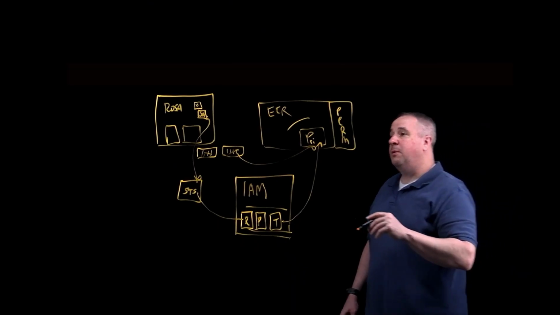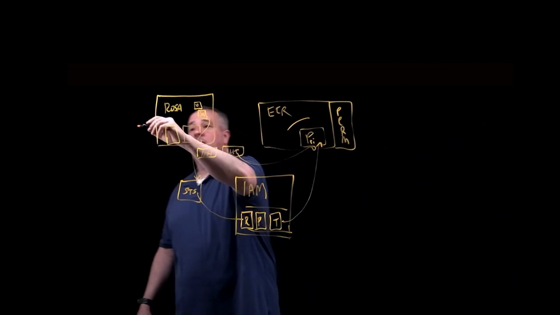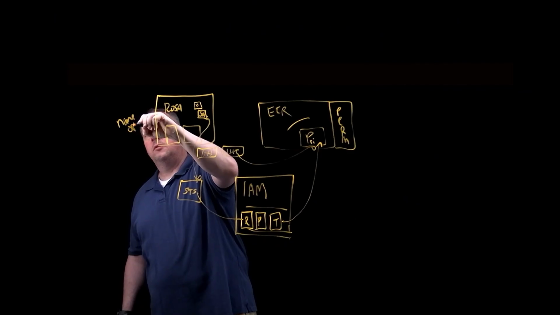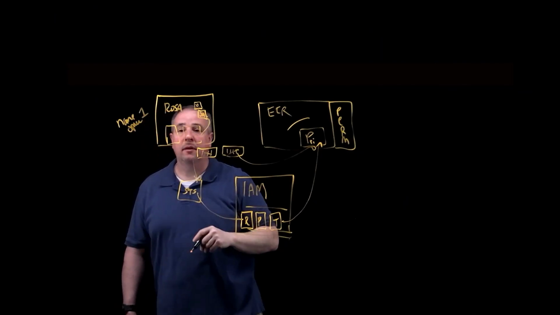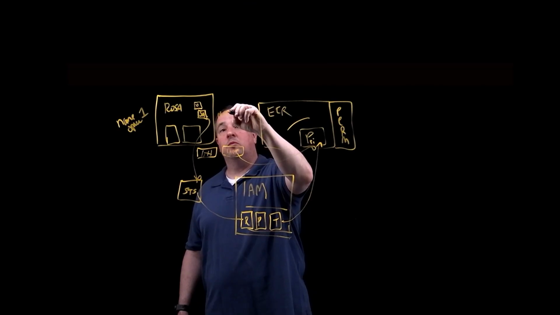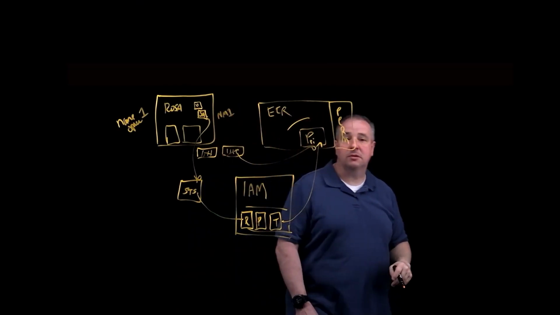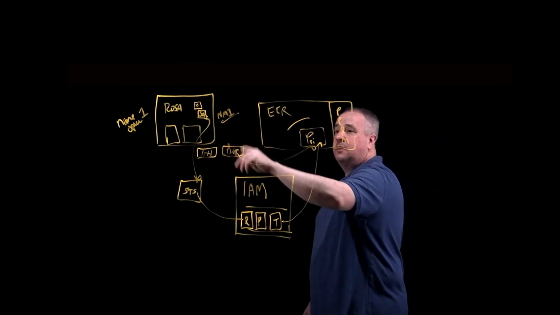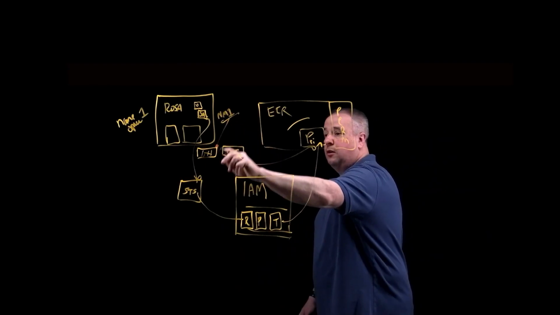So from a ROSA perspective, let's say I have project or namespace 1, and then I have a service account, and we'll just call that NM1. Namespace 1 is my service account. When I'm doing the calls, I can say, okay, I need to use this service account to then call STS.